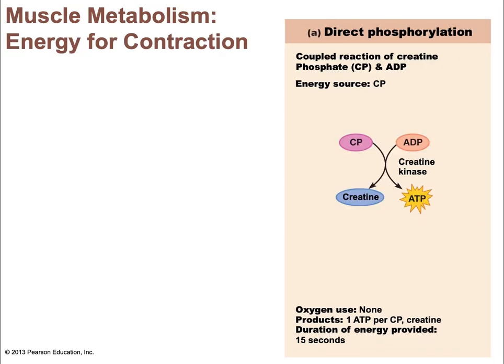Now the energy that's used to generate muscle contraction immediately comes from ATP. But the ATP inside a single muscle cell is not going to last us very long. About 15 seconds worth of power is available from the ATP in the muscle and its immediate recharger, which is something called creatine phosphate, which is basically a molecule that has a high energy phosphate bond that it can transfer to ADP to make ATP.